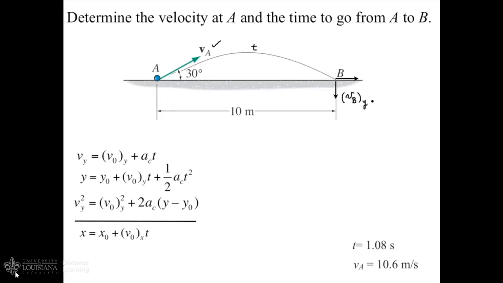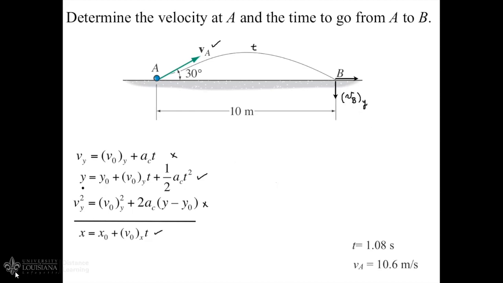Anyway, we don't want to involve this unknown in our solution, and so therefore in the vertical direction we'll exclude application of this equation and also this one, because v of y in the equation is really representing this term. The two equations we'll use then is this one and this one.